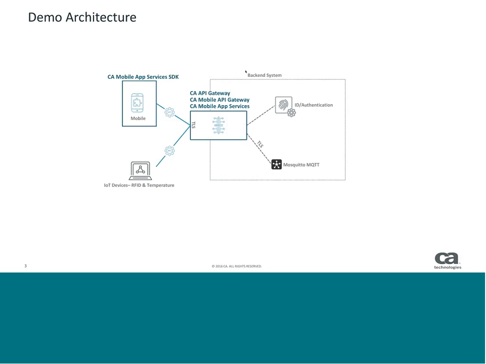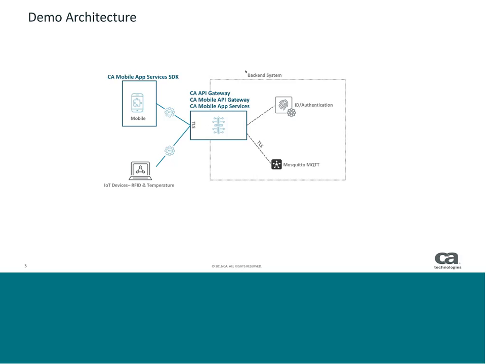So this is a bit of a narrowed down scenario, what we're looking at here. So the way this is set up is I have a gateway running here. On the front end, we have a TLS connection that has our mobile app services and mobile API gateway set up on the API gateway itself. I've written a mobile app for iOS that uses the mobile app services client, and we'll take a look at the SDK there and how that's used.